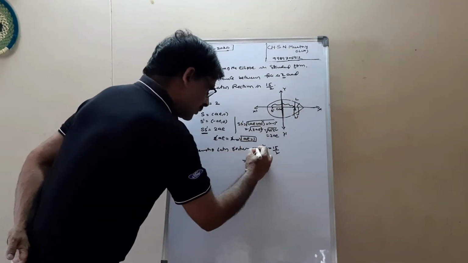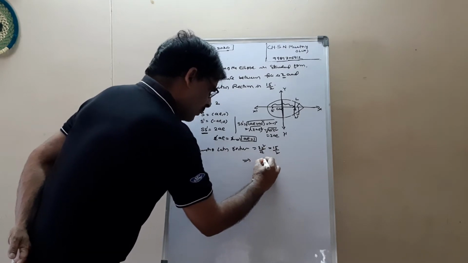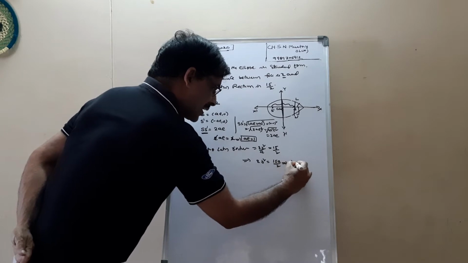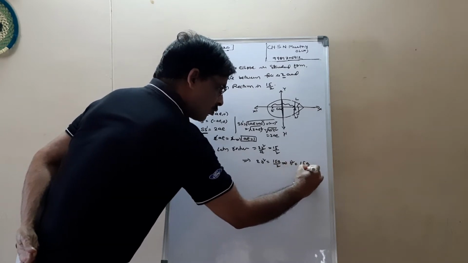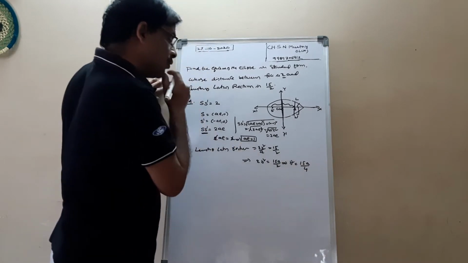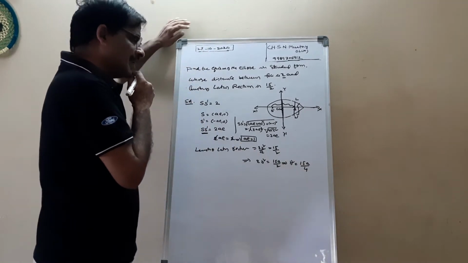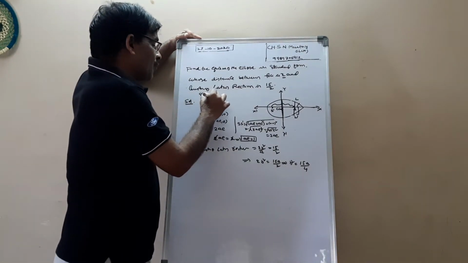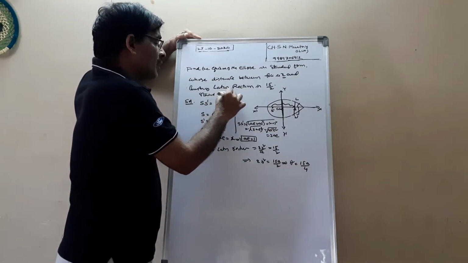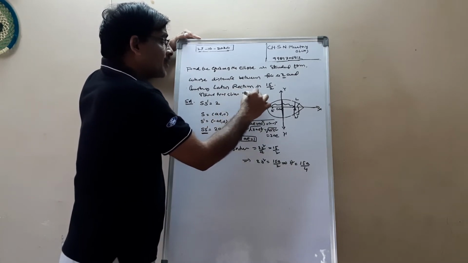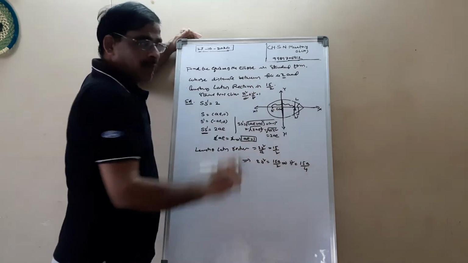This implies 2b square equal to 15a by 2, or b square equal to 15a by 4. And what is our standard form? Standard form of ellipse is x square by a square plus y square by b square equal to 1.